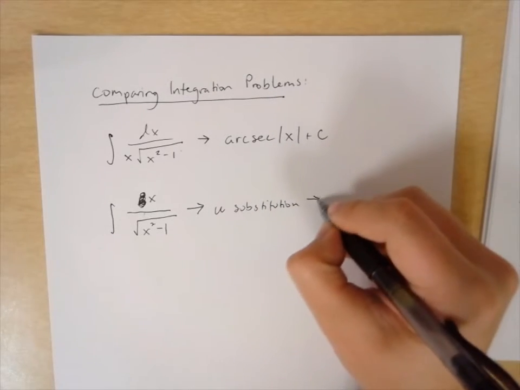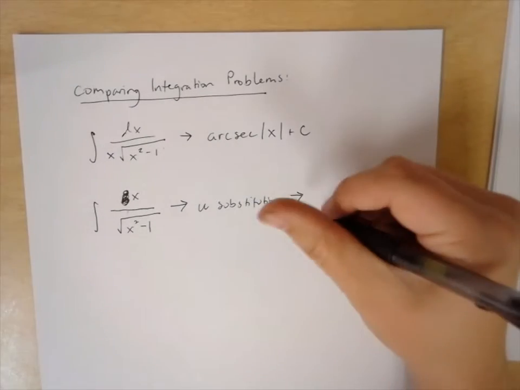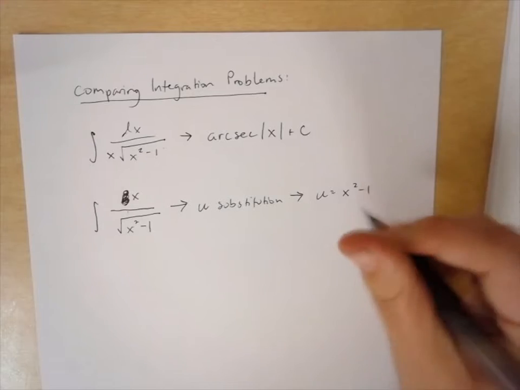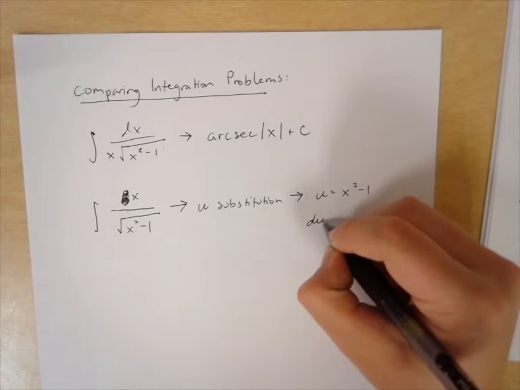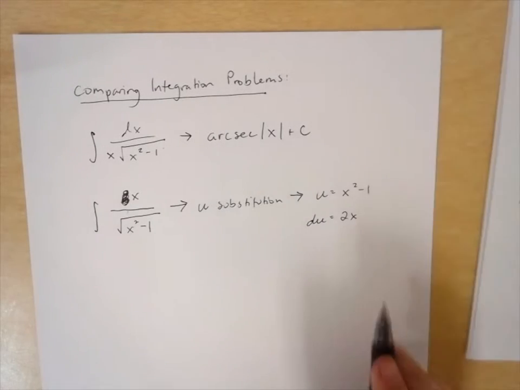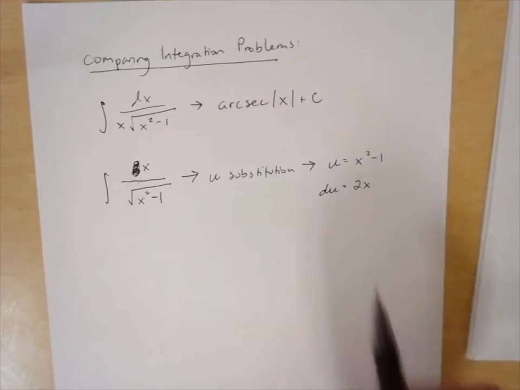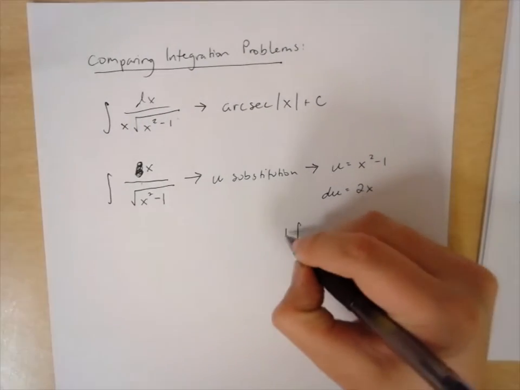That's how we'll take care of it. And we can call u x squared minus 1. We can call du then a 2x, which tells us we'd have to put a 2 into our integral. And if we did that, we'd have to put a 1/2 on the outside.